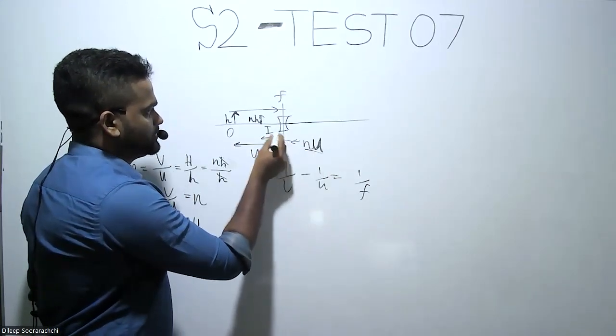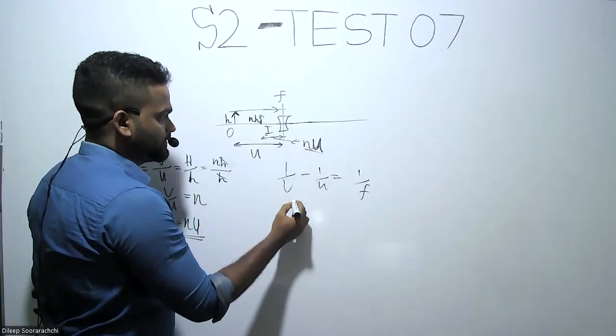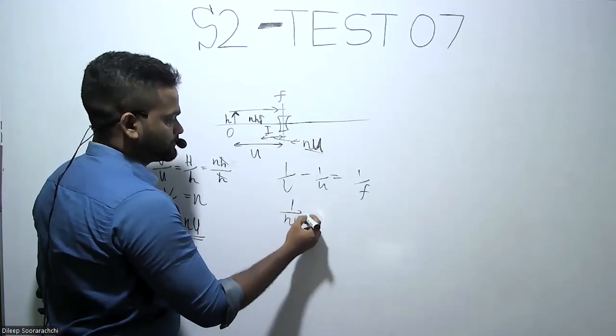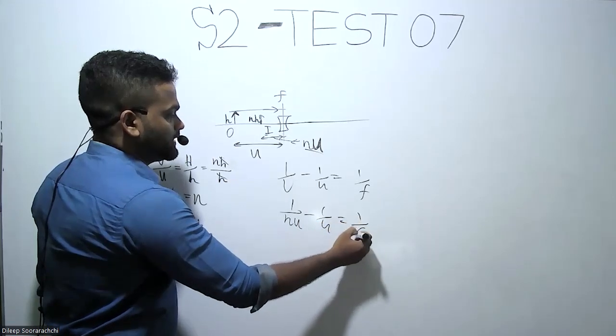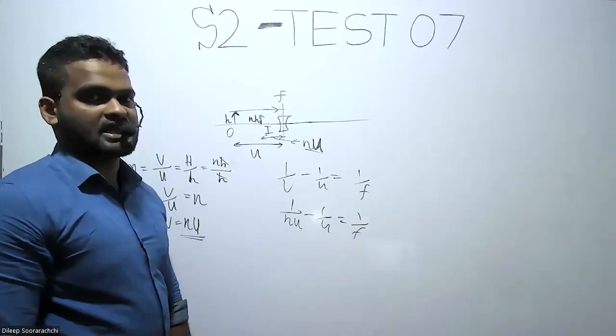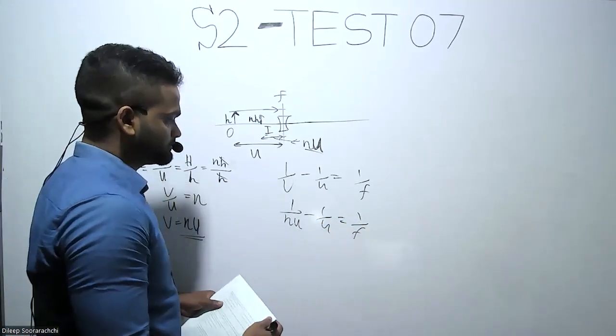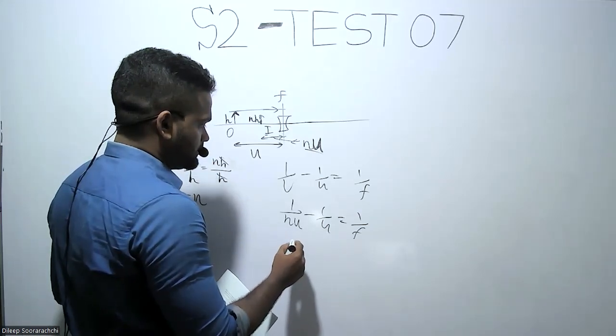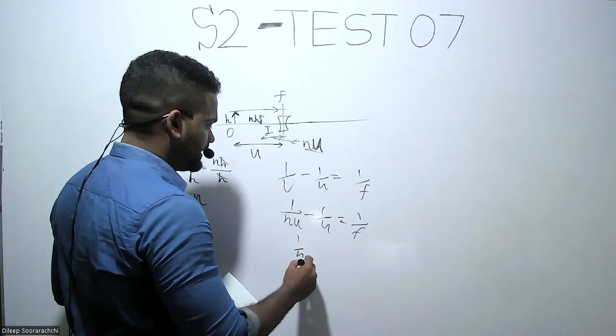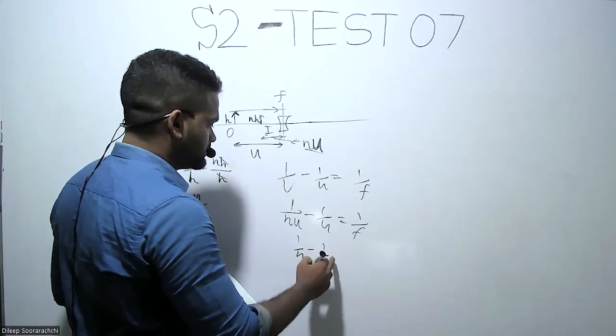This is a positive value because the image is here. So you get nu minus u. That is also positive. Focal length also is positive because it's a concave lens. Right. 1 over nu minus 1 over minus u.